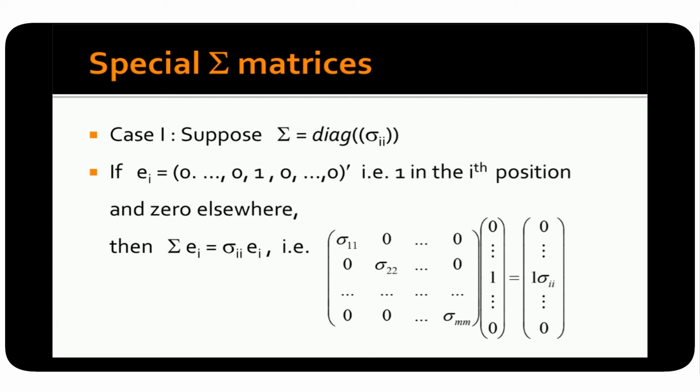Now, notice that the vector e_i, which is the unit vector, is basically a vector with zeros everywhere except in the ith position, which has a 1. If we use this, then we have the relationship that sigma e_i is equal to sigma_ii e_i, because multiplying the matrix sigma with e_i picks up the ith column, and we can write it as e_i, which is 0 0 1 0 0, times the scalar sigma_ii.